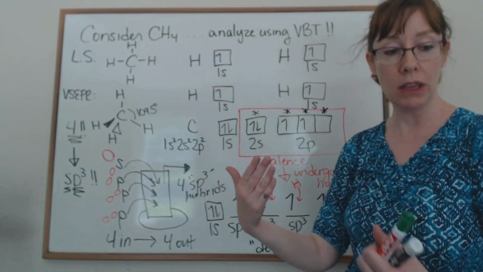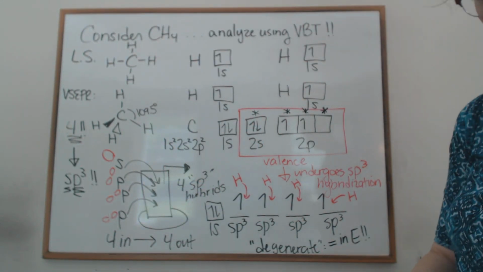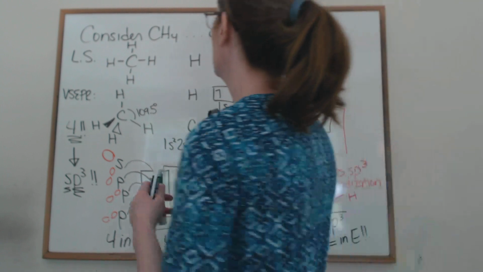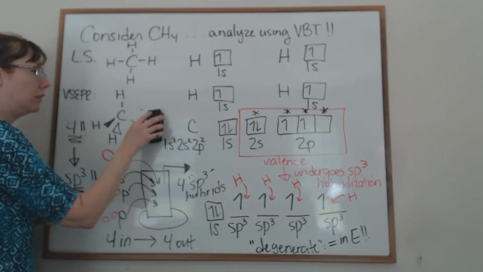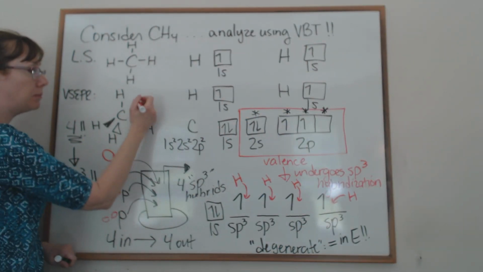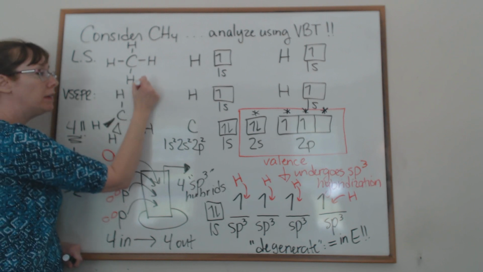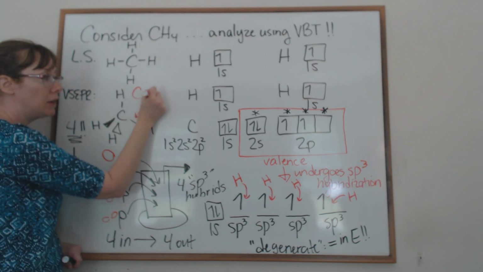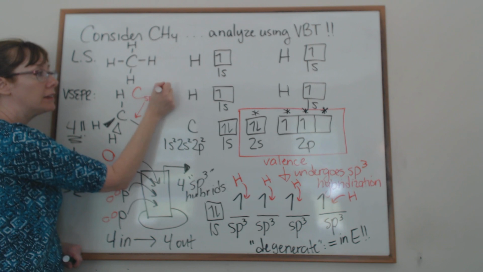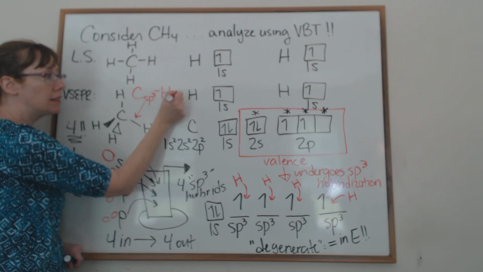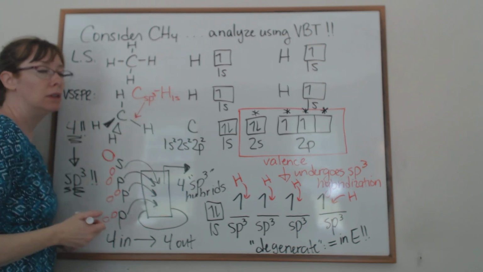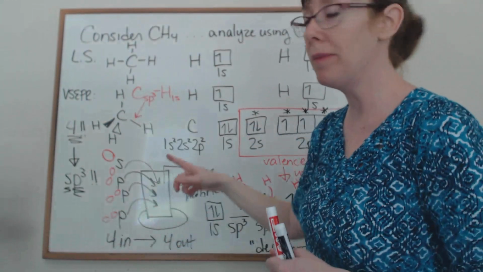And so if someone was to ask you what orbitals are being used for the bonds, like for instance this bond here, carbon is using an sp3 orbital, and hydrogen is using its 1s orbital. That's how you would describe that.